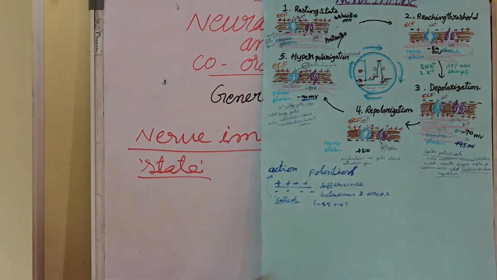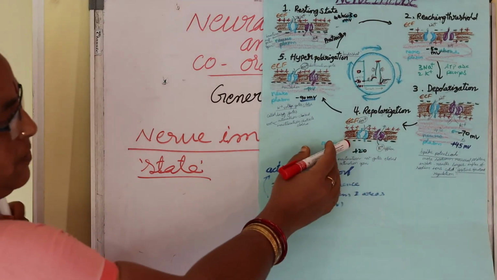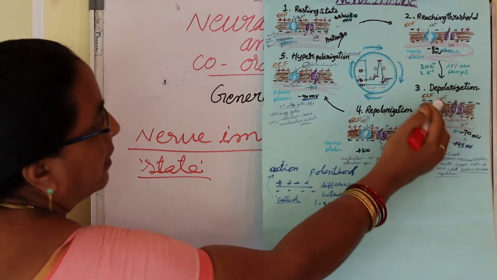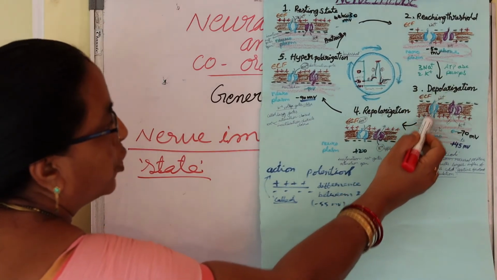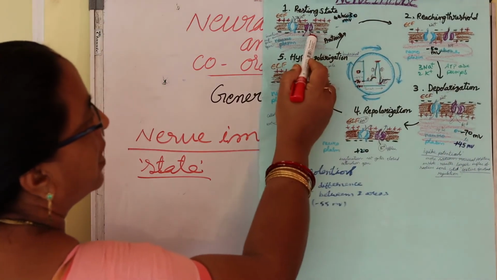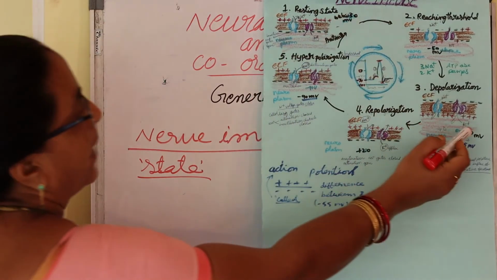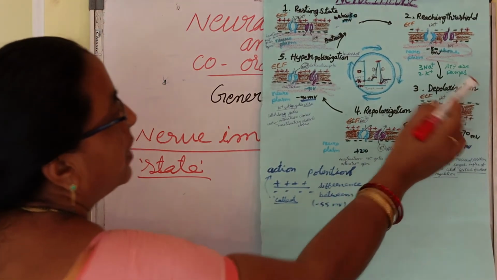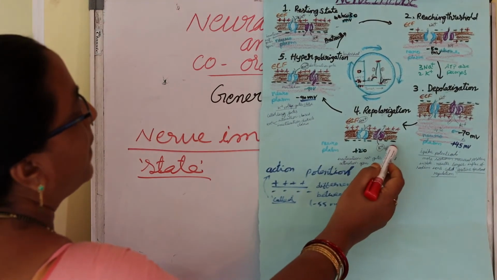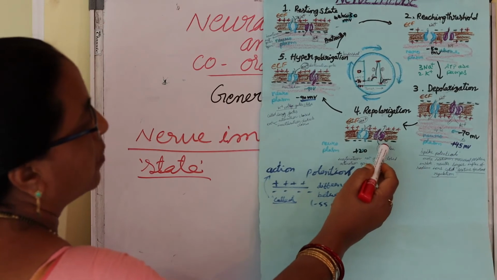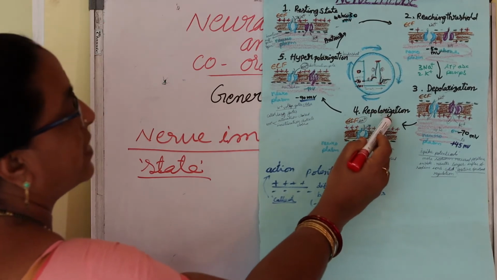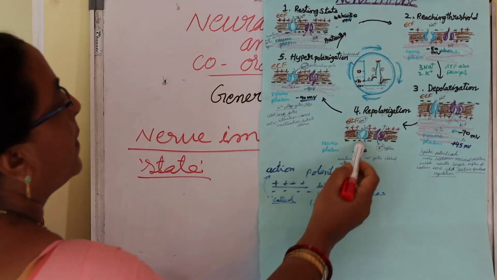Later, after this state, comes repolarization. When the sodium activation and inactivation gates are both open, the potassium gates remain closed, so K plus does not move from the axolemma to the extracellular fluid. In the repolarization state, the K plus ion channels open and K plus effluxes into the extracellular fluid, and Na plus also moves outside.